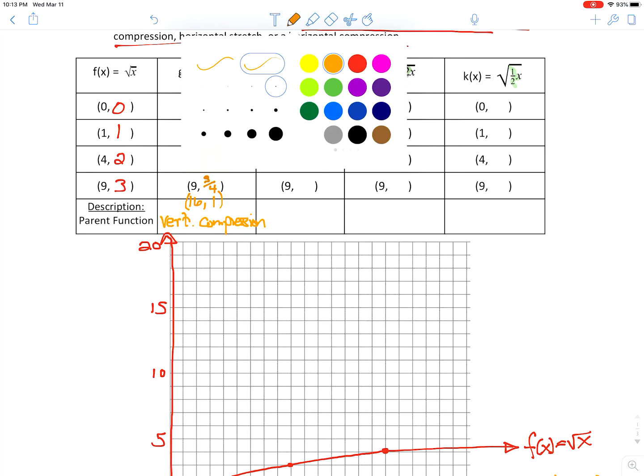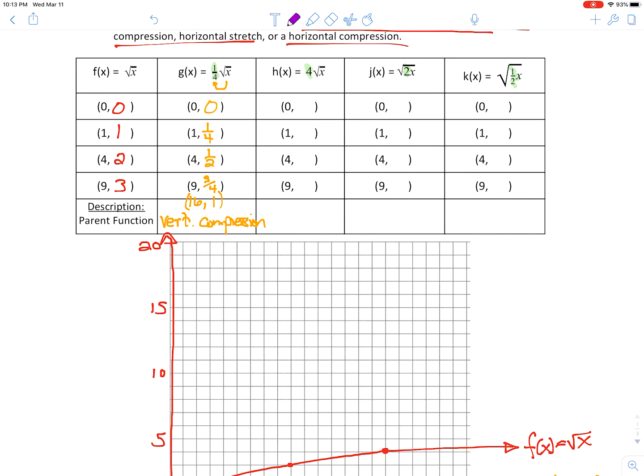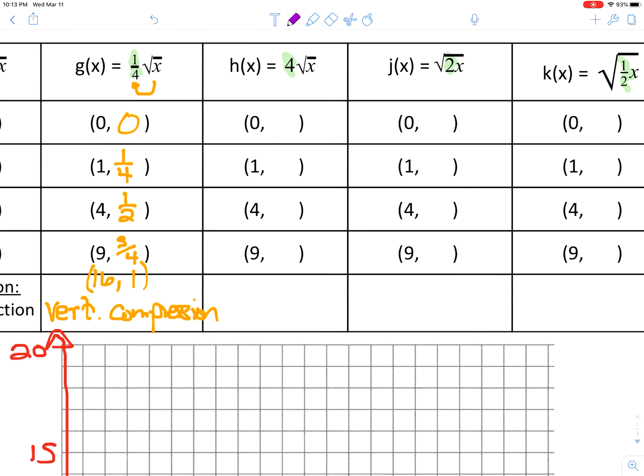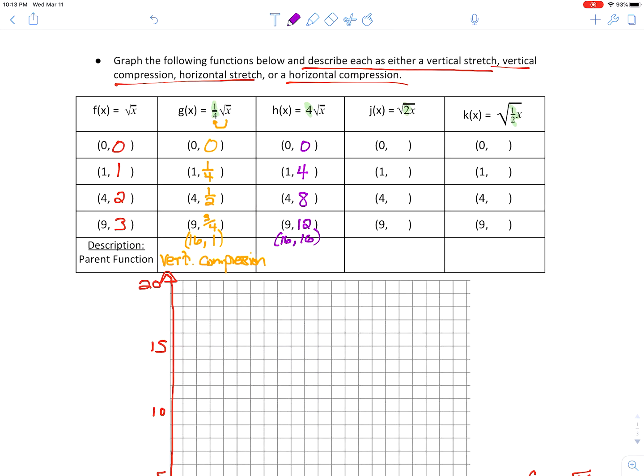Okay, vertical compression. Let's switch colors here and go to 4 square root of x. Thankfully, those same numbers working on the inside will work. 0, 0. A 1, I go to 4. When I put in a 4 into the square root, that's 2, that's 8. And then 9, 12. We could go out a little further. Let's try what happens when we put a 16 in. That should be 16, 16.